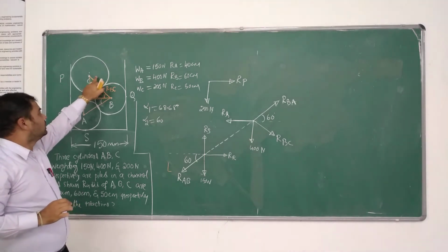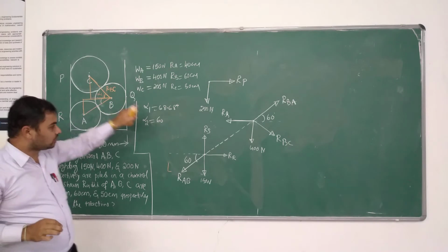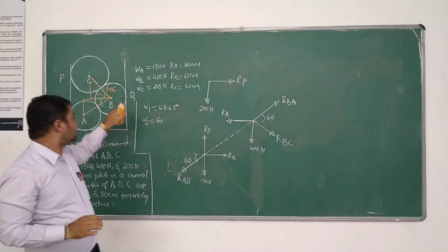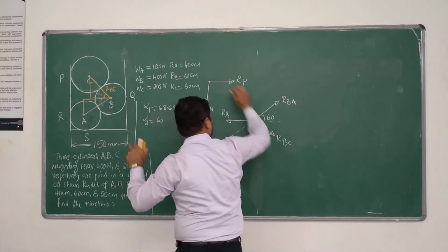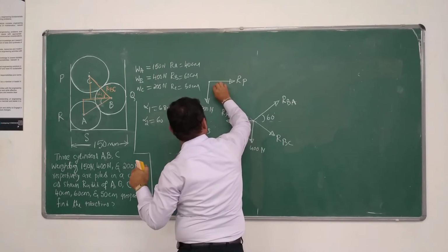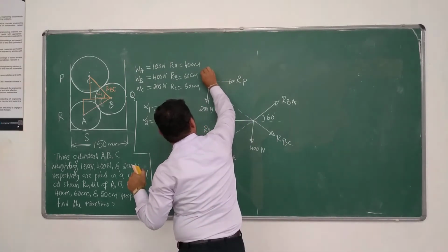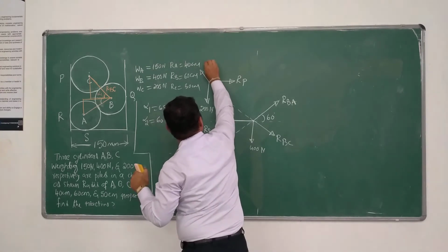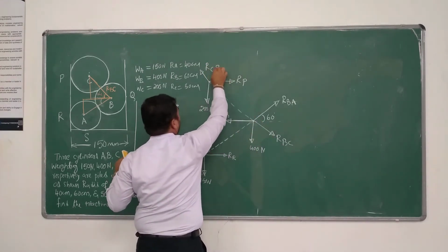As I told, the cylinder C is exerting force on the cylinder B, so that is shown as RBC. For that, the B should exert a reactive force in the upward direction, so this should be RCB, or RBC.